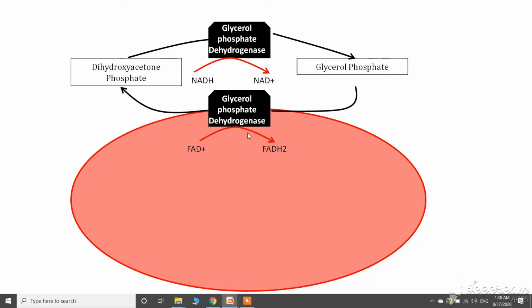And in the process, it's going to produce one molecule of FADH2. Now, like you can see, we've transported NADH into the mitochondria in the form of FADH2. Now, it's not the same NADH, it's FADH2, but they have the same function, which is basically electron carriers.